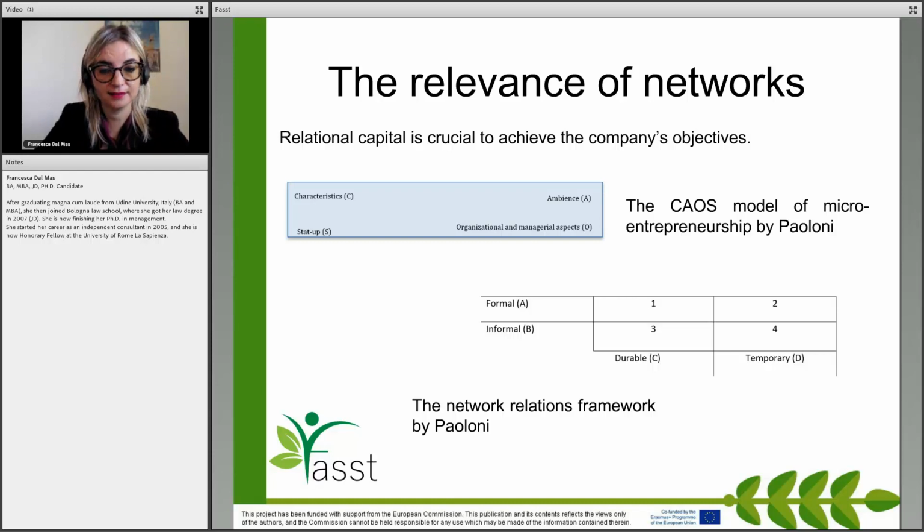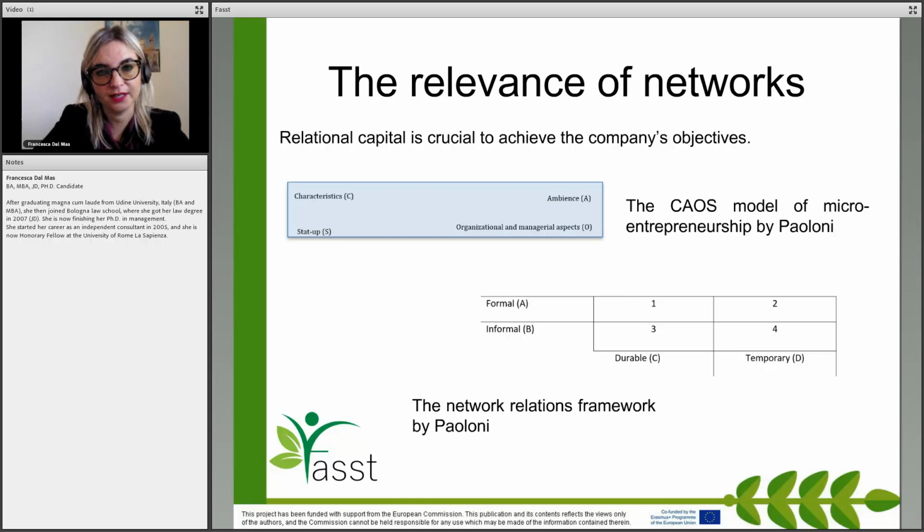So every company can have some formal and durable relationships, some that are durable but informal, some formal but temporary, as well as some temporary and informal relationships. The literature says that companies struggle to transform relationships from temporary to durable and, whenever possible, from informal to formal.